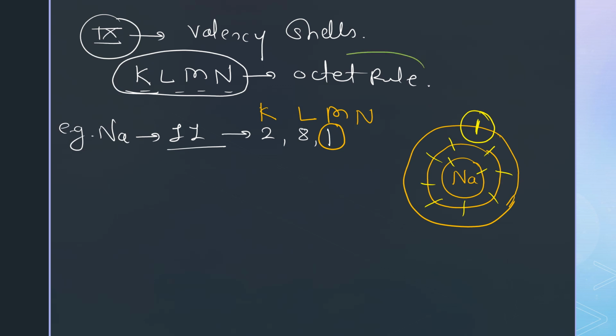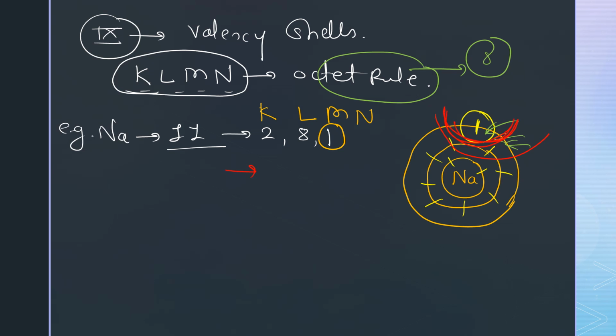So what is the octet rule? The octet rule says that an element should have 8 electrons in its last orbit. But here only one electron is there for sodium. To ask for 8 electrons from different elements is quite difficult, right? So what exactly does sodium do? It will just sacrifice this one electron.